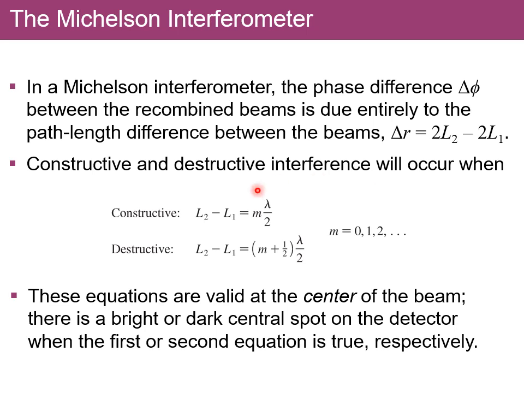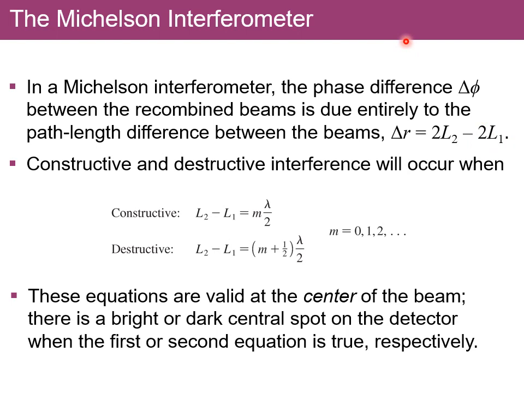In a Michelson interferometer, the phase difference, delta phi, between the recombined beams is due entirely to the path length difference between the beams, delta r equals 2L2 minus 2L1.